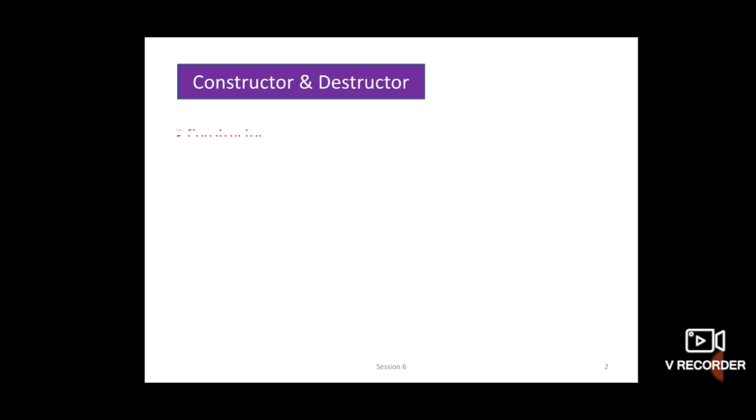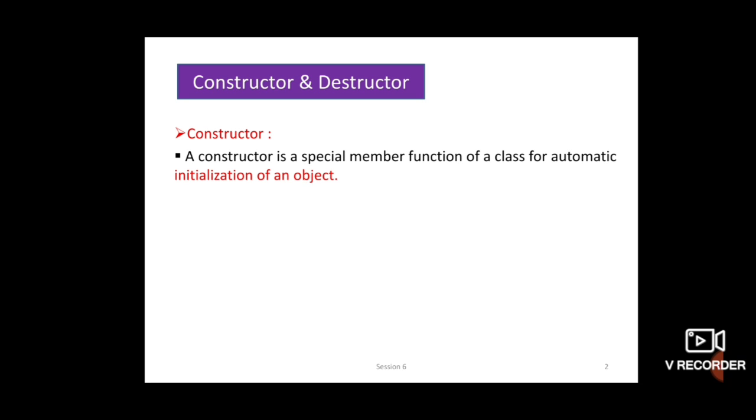Now see first, constructor. A constructor is a special member function of a class for automatic initialization of an object. Now students, you know what an object is. An object is a basic runtime entity. And how is it created?